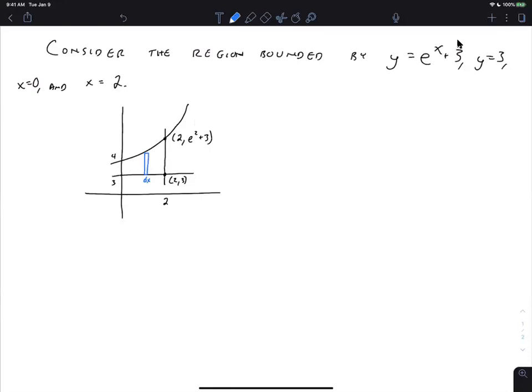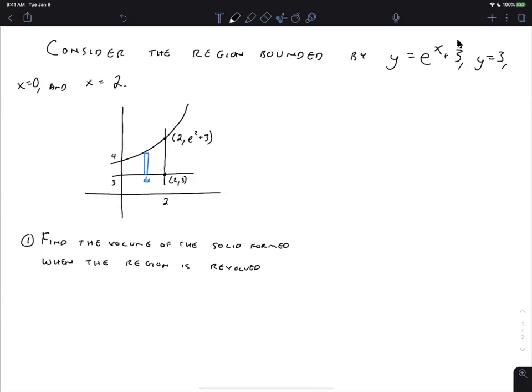Okay. All right, so all of that's based on the region, and now let's say the question is: find the volume of the solid formed when the region is revolved about y equals 1.